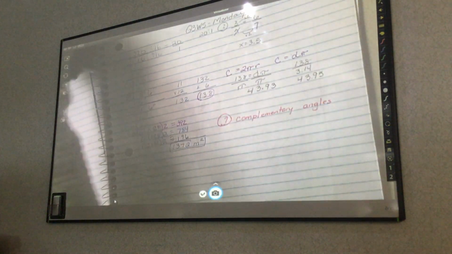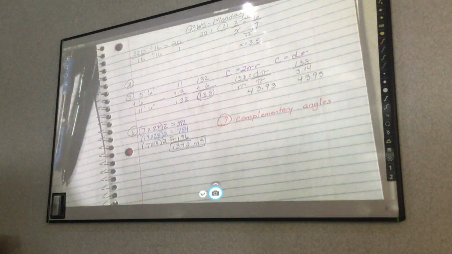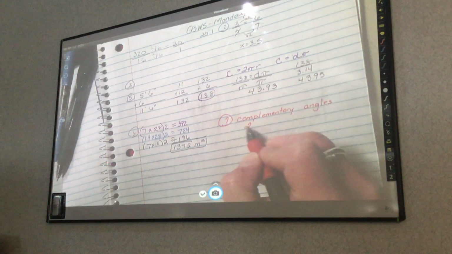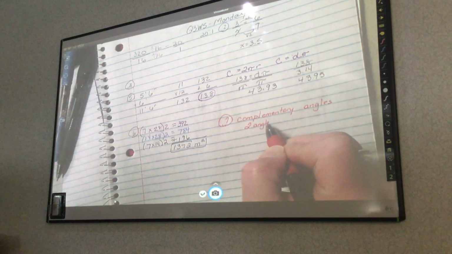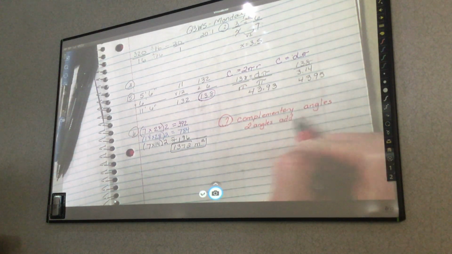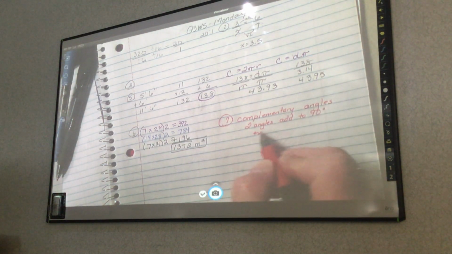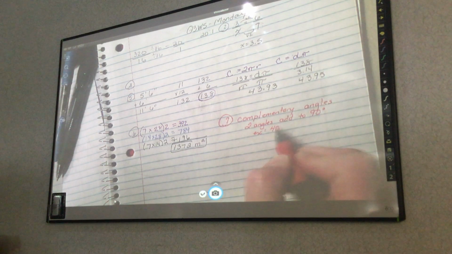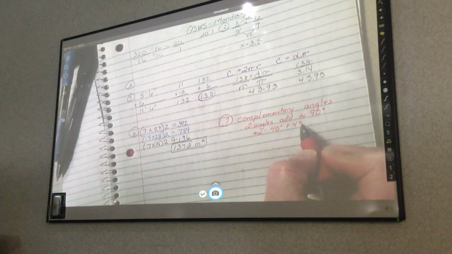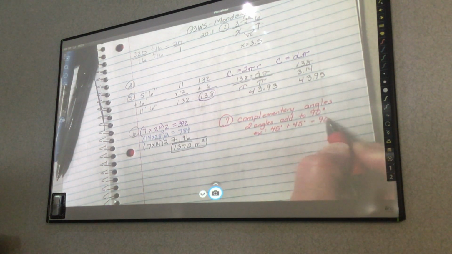Did anybody go and look it up? Yeah. Two angles that add up to 90. Right, exactly. Two angles add to 90 degrees. So an example would be a 45-degree angle plus a 45-degree angle equals 90 degrees.